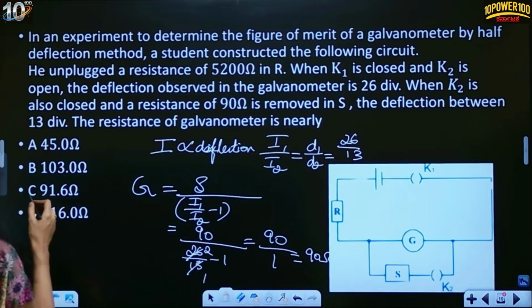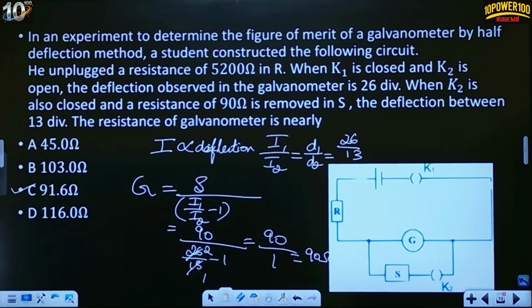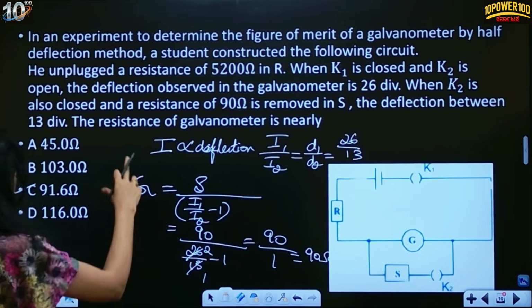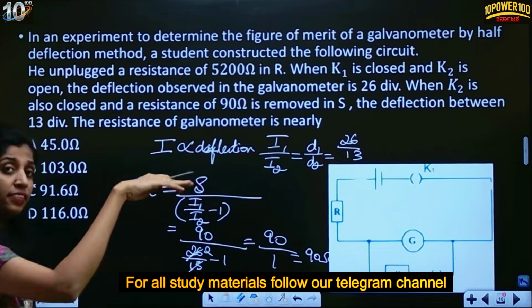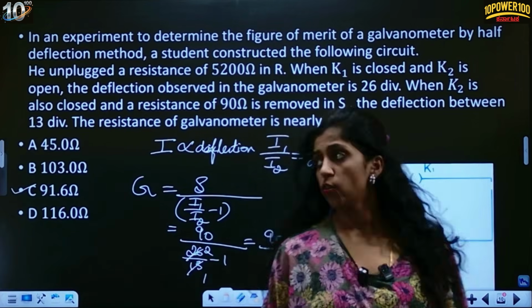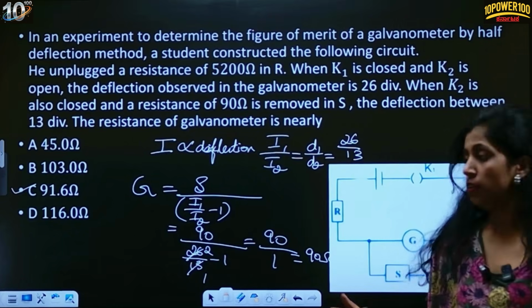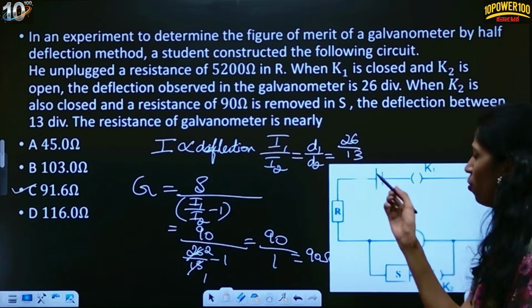We have an option as 91.6. Yes, I think you can take this as the correct answer. This is a direct formula, that's the reason we are not getting exactly 90. And they've asked for the resistance of the galvanometer as nearly. So that's the reason you can give option C as the correct answer. I hope you don't have any doubts here.